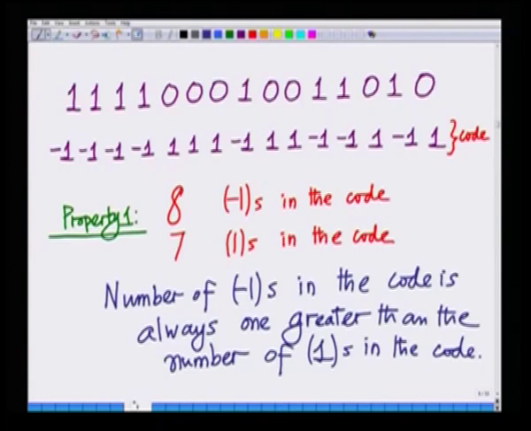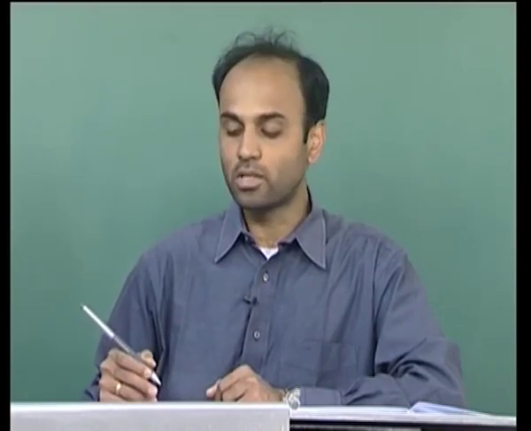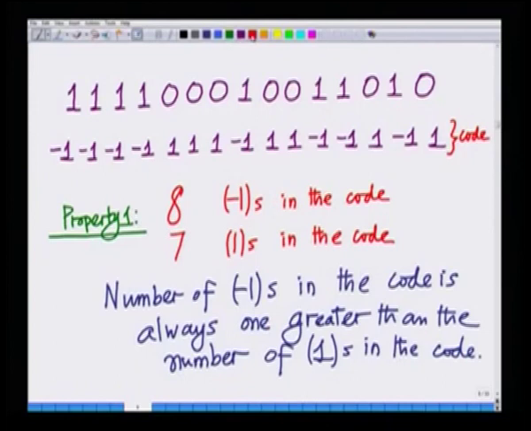All right. So, let us look at the runs in this PN code, pseudo random code of plus 1s and minus 1s. I have one run of minus 1s. I then have one run of 3 plus 1s, that is the second run.